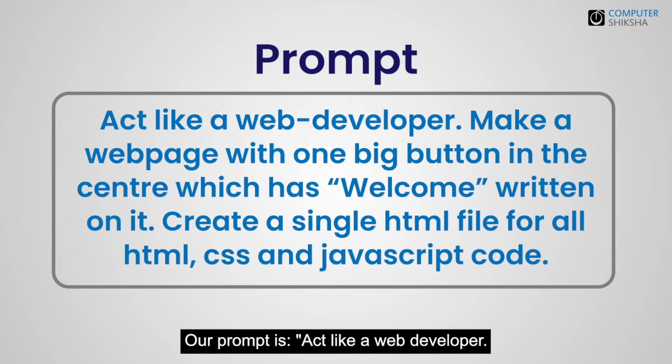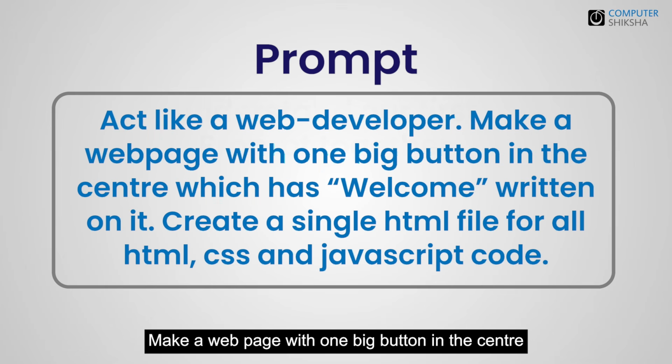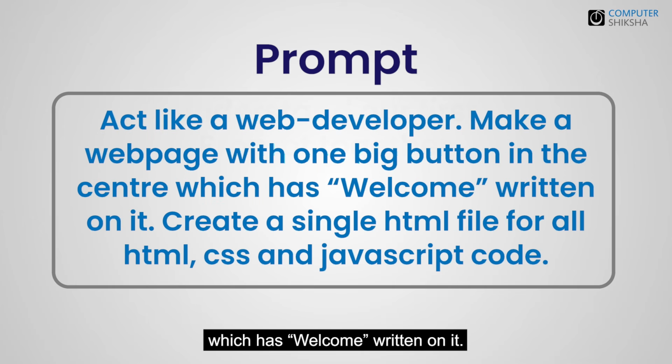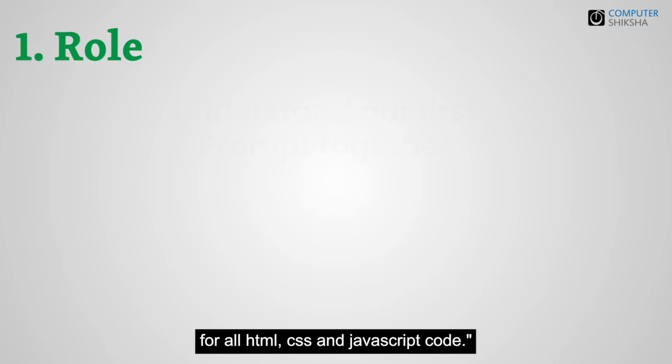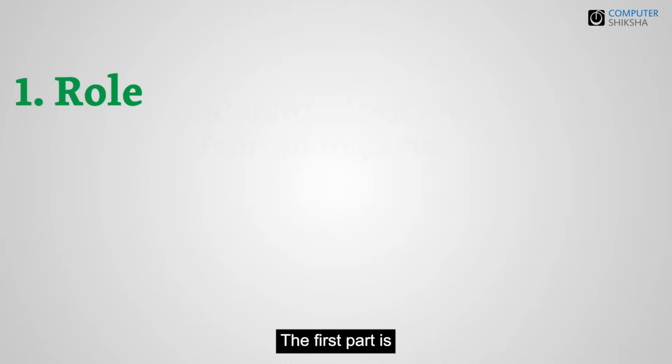Our prompt is: act like a web developer, make a web page with one big button in the center which has welcome written on it. Create a single HTML file for all HTML, CSS and JavaScript code. The first part is role.